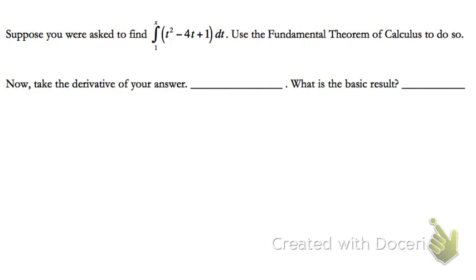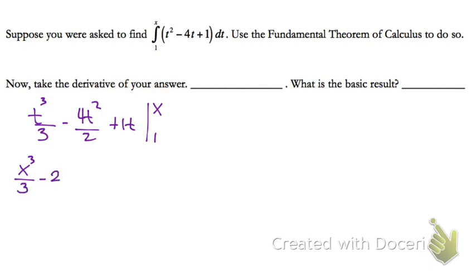The integral of t squared is t cubed over 3 minus 4 t squared over 2 plus 1t. We're evaluating that from 1 to x. If I use the fundamental theorem of calculus, that's x cubed over 3 minus 2x squared plus x minus, if I plug in 1, that's 1/3 minus 2 plus 1.